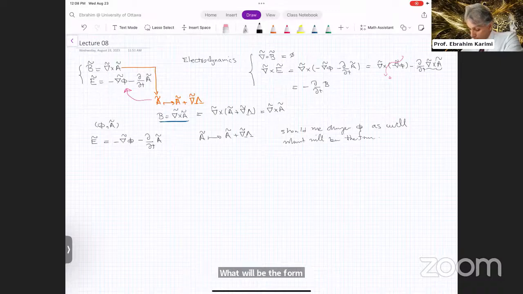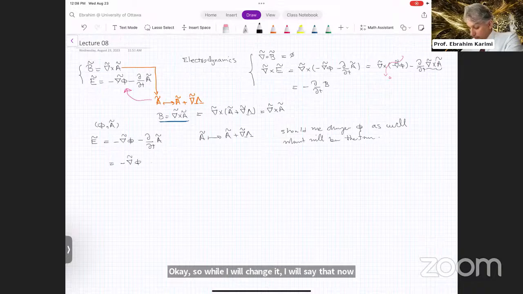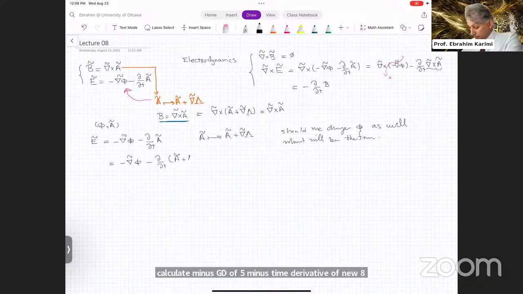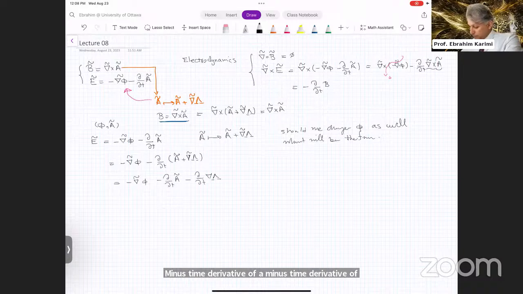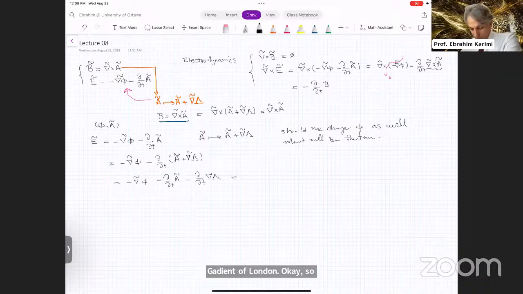So I will calculate minus gradient of phi minus the time derivative of the new A, which is A plus gradient of lambda. The time derivative of the gradient is not equal to 0, so it will be minus gradient of phi minus time derivative of A minus time derivative of gradient of lambda. Let's move things around to get something interesting.